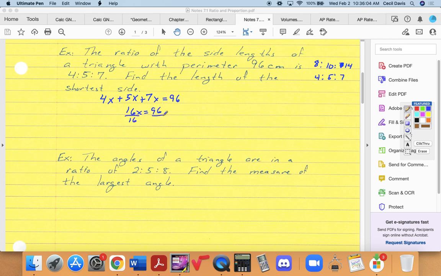Divide both sides by 16. We get that x is 6. So the shortest side is going to be the 4x because 4 is the smallest coefficient there. So it'll be 4 times 6 is 24 centimeters.